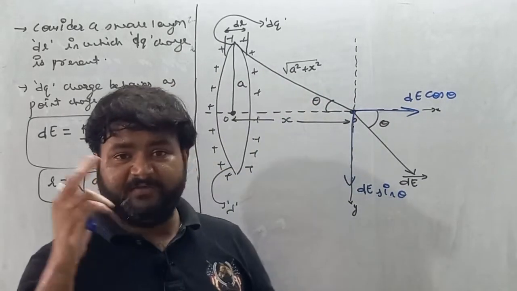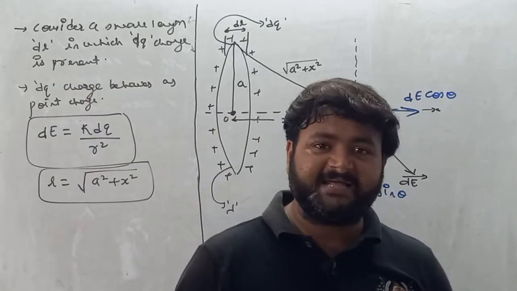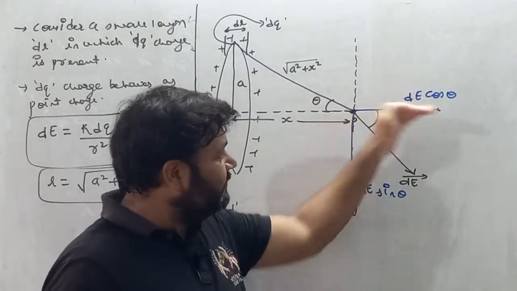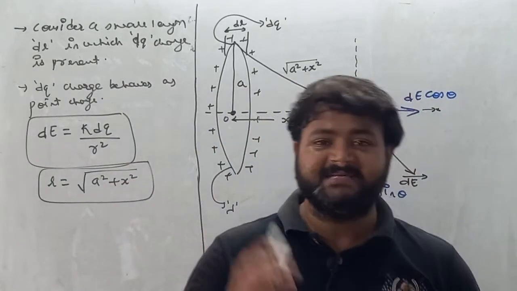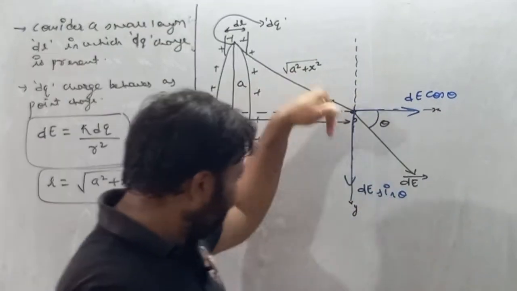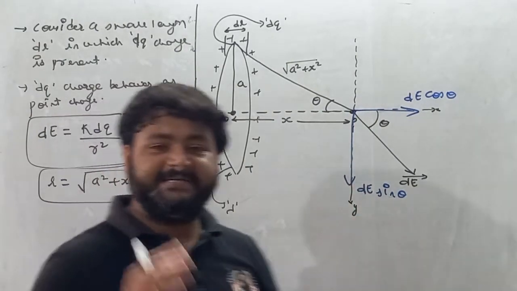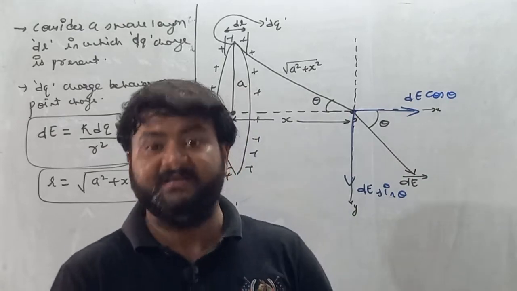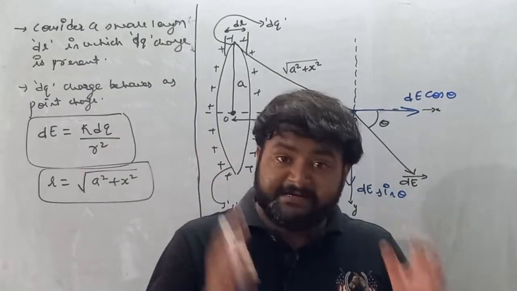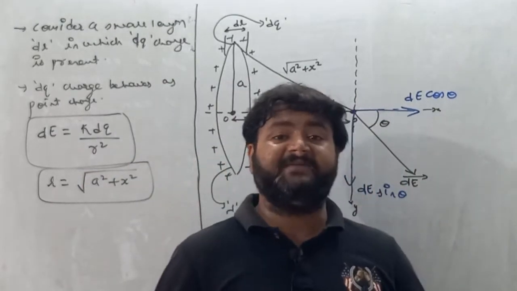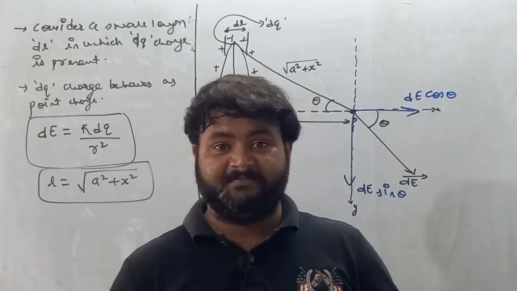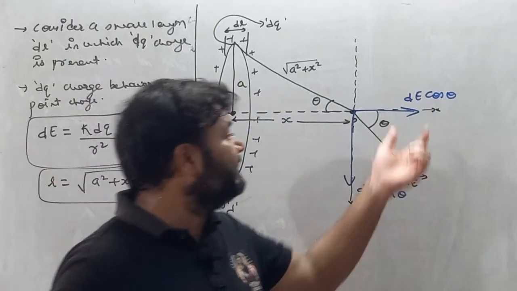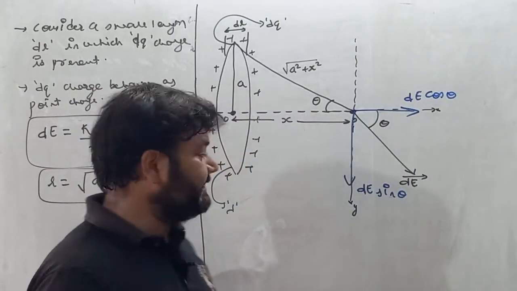At point P, we get electric field in two directions, along this side the component is dE cos theta, and along the negative y-axis it is dE sin theta. A vector quantity cannot lie in two different directions, so you have to check whether the effective component is dE cos theta or dE sin theta.